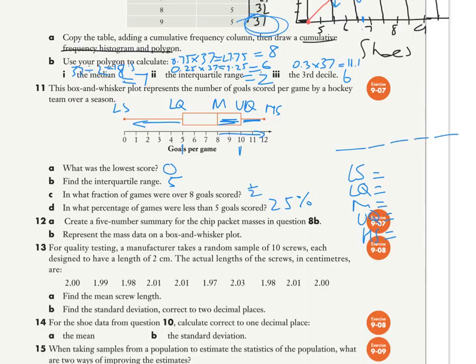Now, if you're representing another box and whisker, you get your ruler and you just measure your line, obviously starting at the lowest score going up to the highest score, and basically draw in your box and whisker in accordance to that.